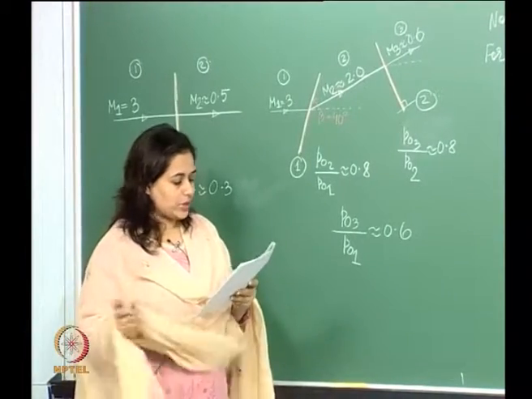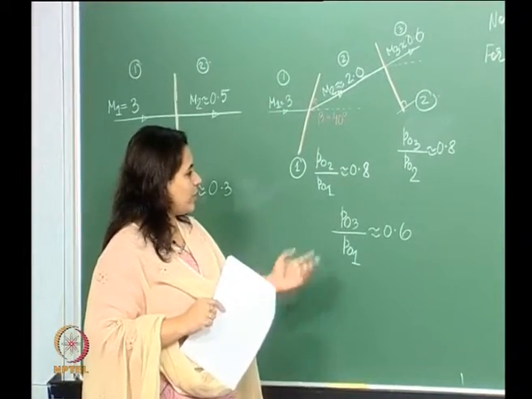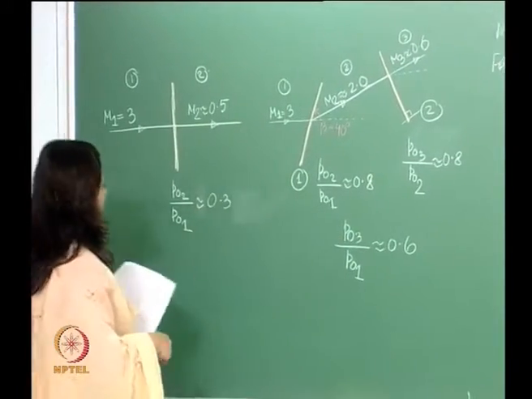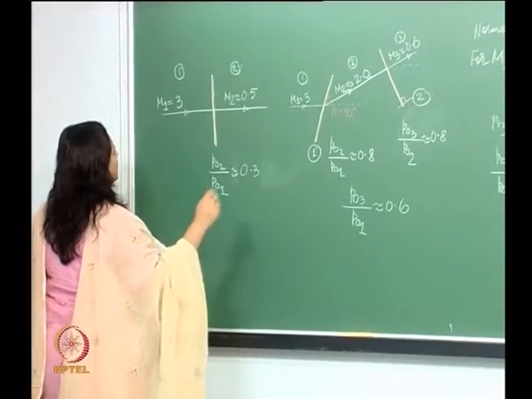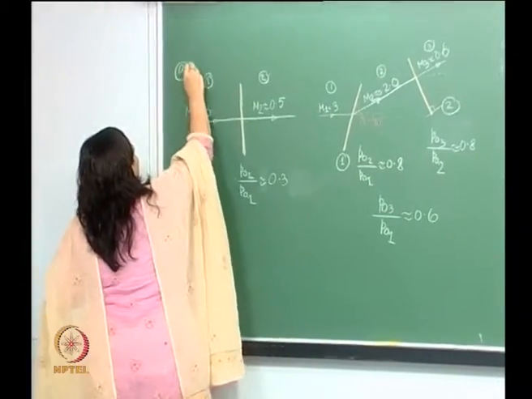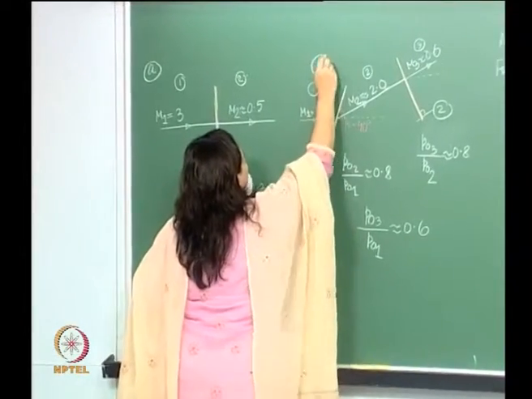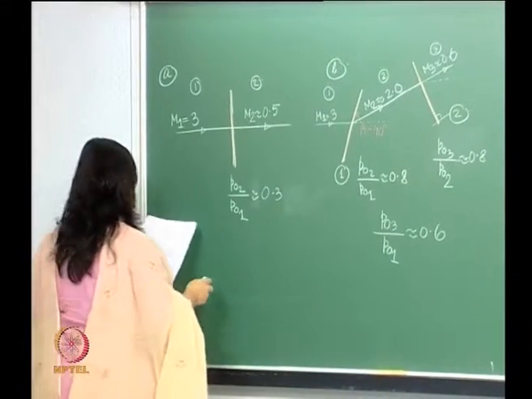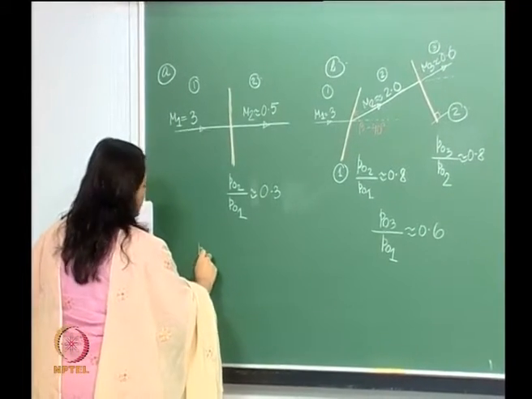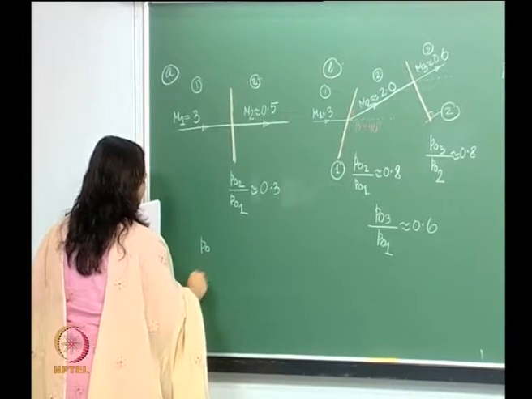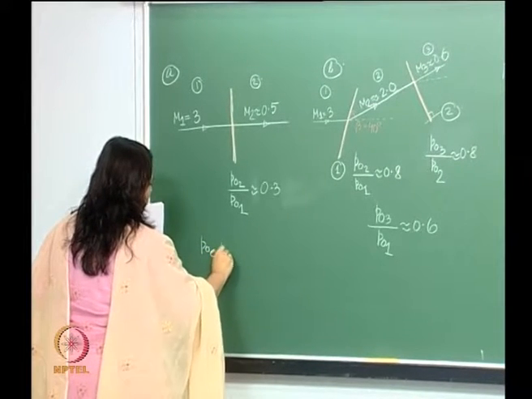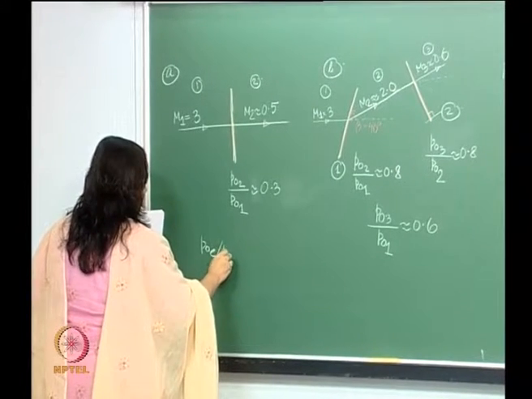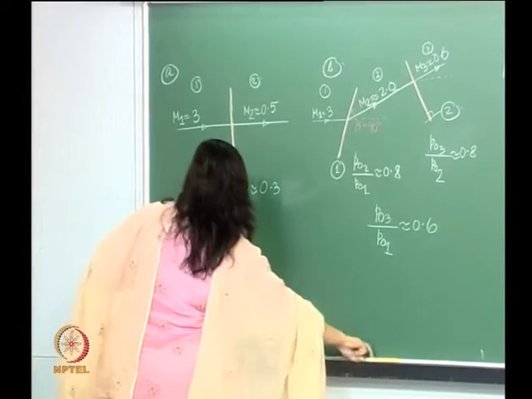Okay. So now let us compare the two. If I were to compare this and this, so let me compare. If I call this, say, case A, right, and this is B, right. So basically, say P naught exit by P naught entrance, or let me, how do I write this?